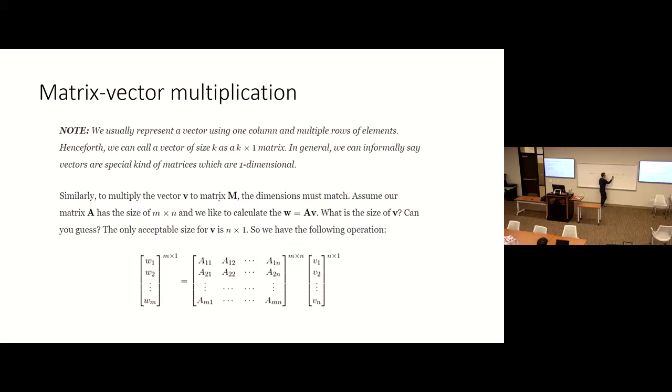Just get rid of this, and you will obtain this vector multiplied by this matrix. You get this. Okay? This is a very special case, but the same operation, the same way, just written in this way.